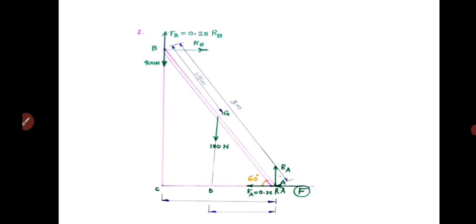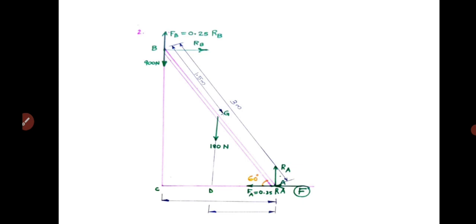So here, this is very similar to the previous question, but here they have given the angle theta as 60 degree and the man is standing at the top, that is at B. A weight of 900 Newton is acting vertically downwards. Another thing is, you are asked to find out what amount of horizontal force is required at the end A, that is at the point where the ladder touches the floor.